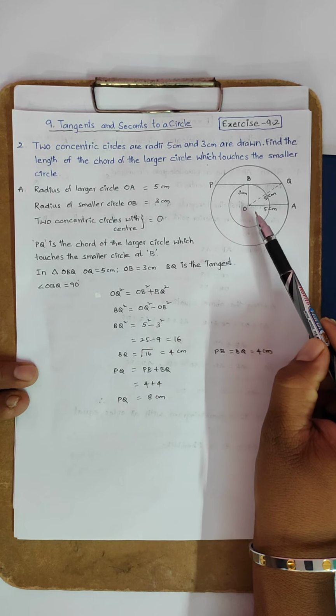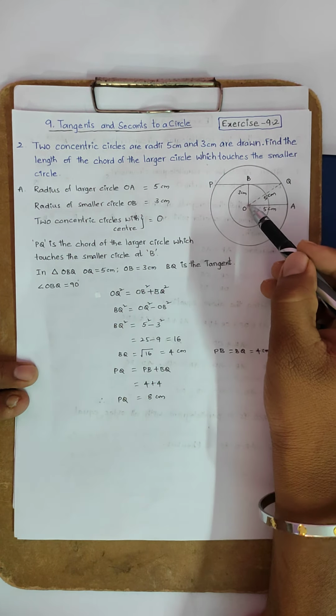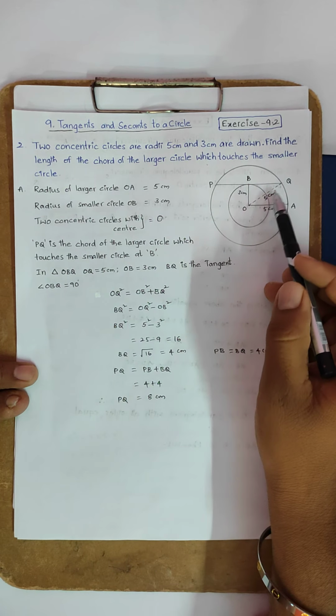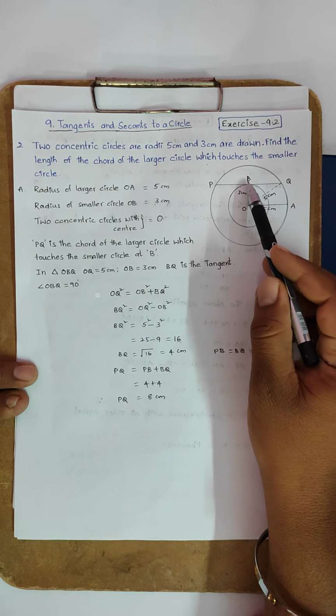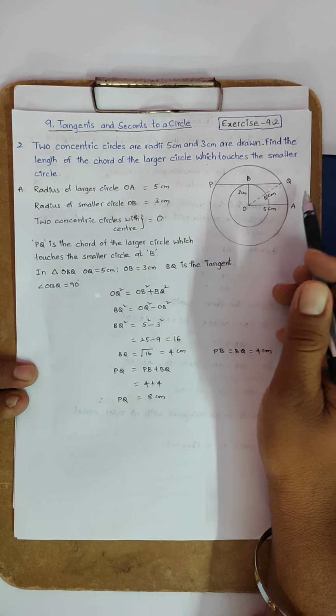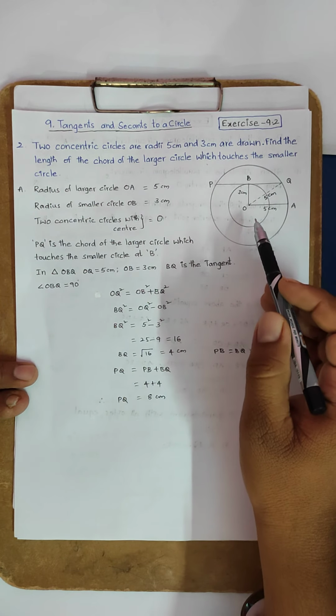In triangle OBQ, OQ is 5 centimeter, OB is 3 centimeter, and BQ we don't know. We need to find it.